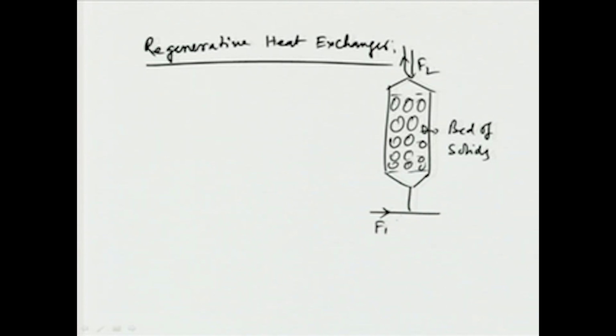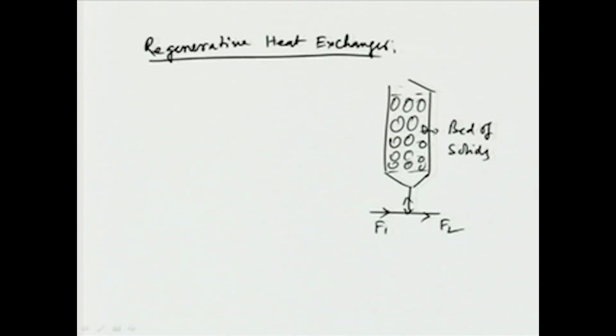If I say this is F1 and this is F2, I am sorry, both cannot be like that, so here I will make a little change. F1 is going this side, and F2 has to come from this side. So, this is F2 and this is F1. If F1 is the hot fluid, F2 is the cold fluid.